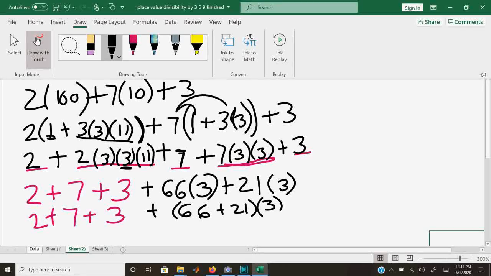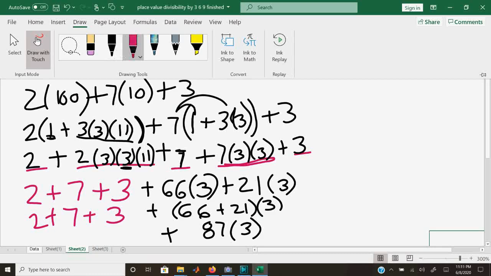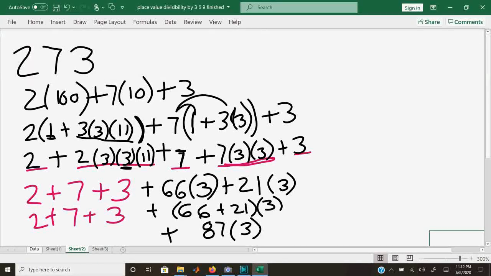So if I look at dividing now, I have 87 times 3 plus my original numbers. So if I'm trying to answer the question, how many 3s are there in 273?